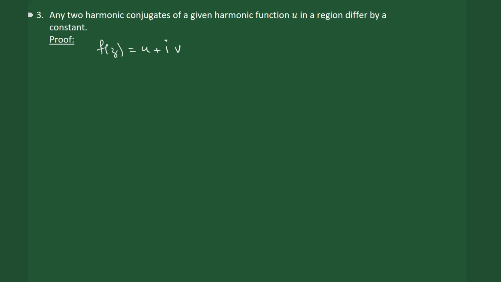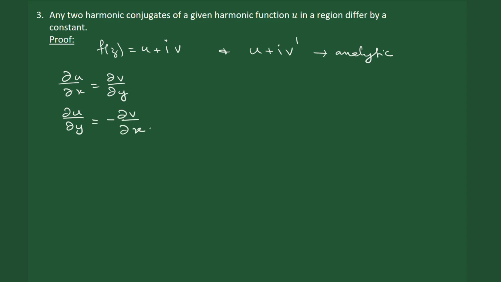So two harmonic conjugates means let us consider v and v dash. Like this, u plus iv, we can consider another function, u plus iv dash. Since both are analytic functions, they will satisfy the Cauchy-Riemann equations. So dou u by dou x is equal to dou v by dou y, and dou u by dou y is equal to minus dou v by dou x.